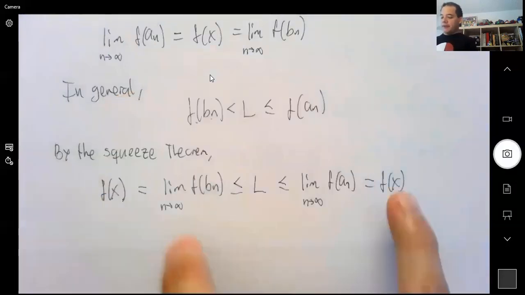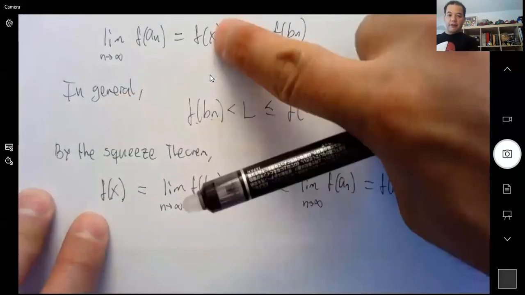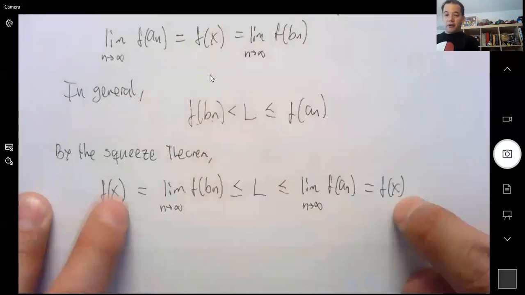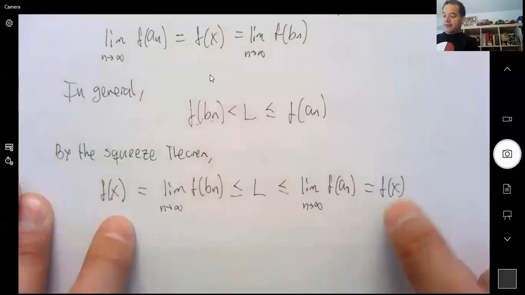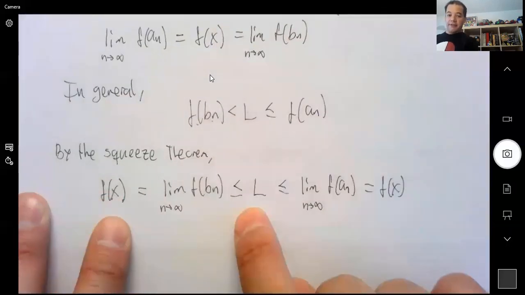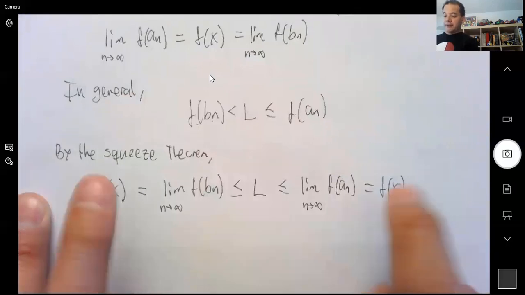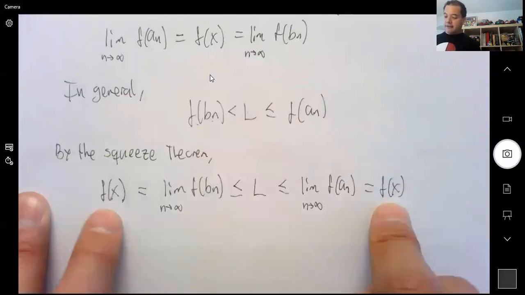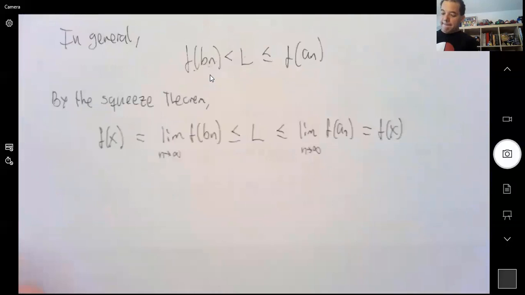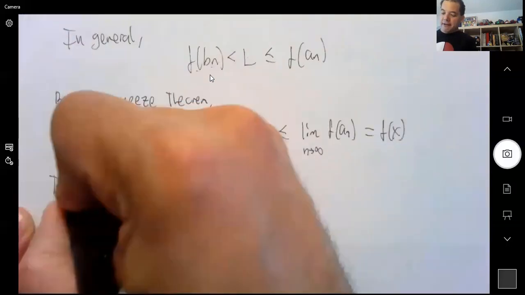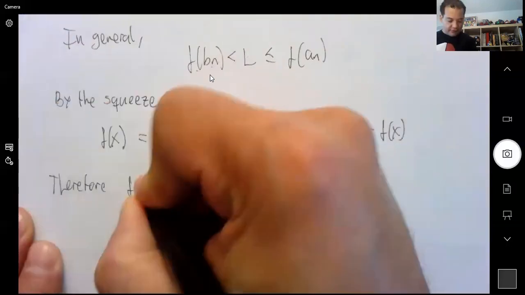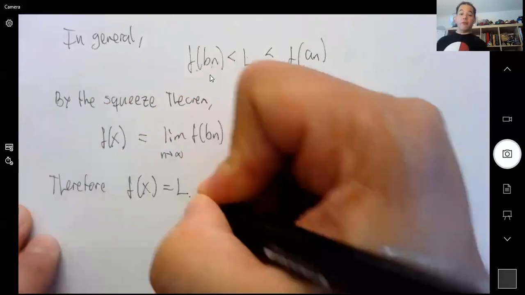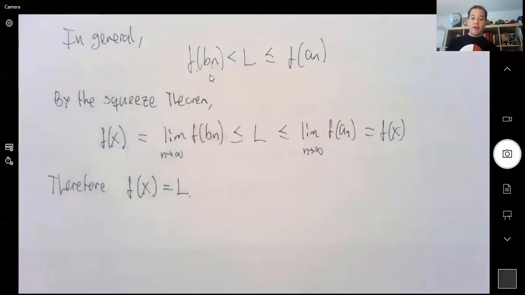So these two numbers are both f(X). That's what we did before. So these two numbers that are both equal to f(X) sandwich L. That means L has to be f(X). And that is it, right? So therefore, f(X) is L. And that's the number we were looking for, right? This is the number, the mysterious number c. So we just found the number that gives L, right?